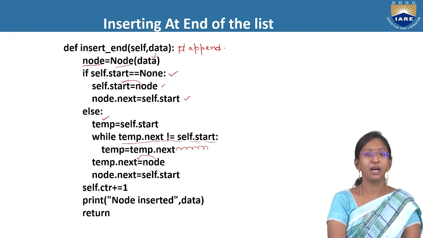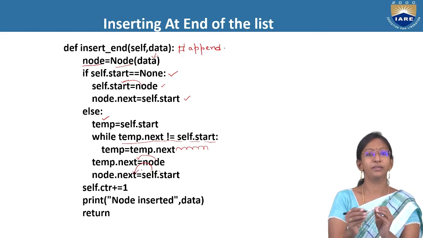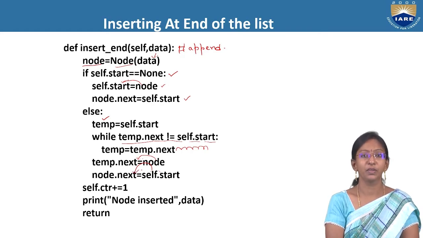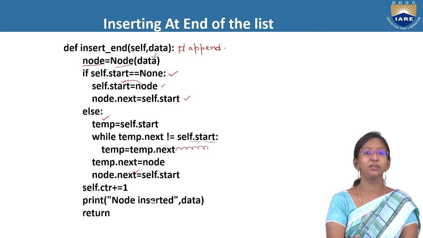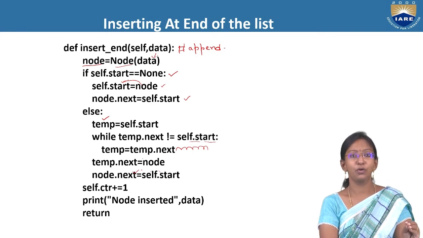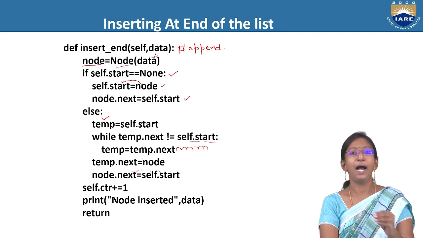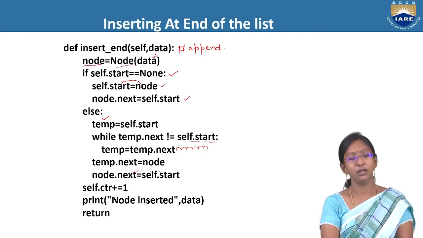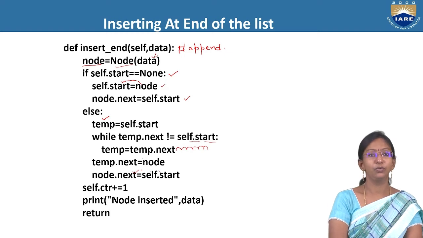So the first node's address you are going to store in the new node's next part. Try to understand this, guys. These last two lines: once you reach the last node, store the address of the new node in the temporary node's next part and the first node's address in the new node's next part. Okay? Do not worry, through animation I'm going to explain the same.